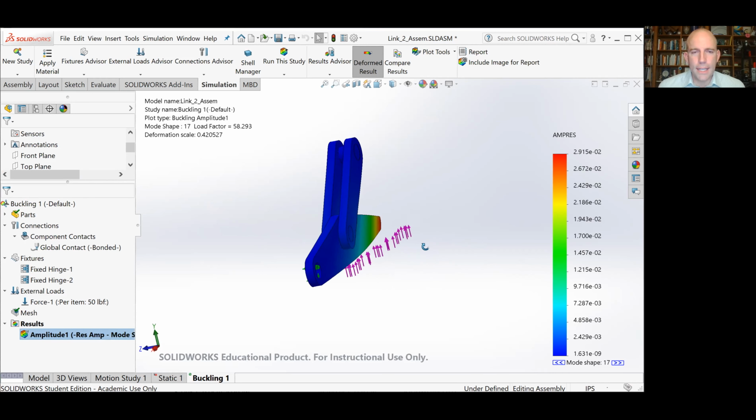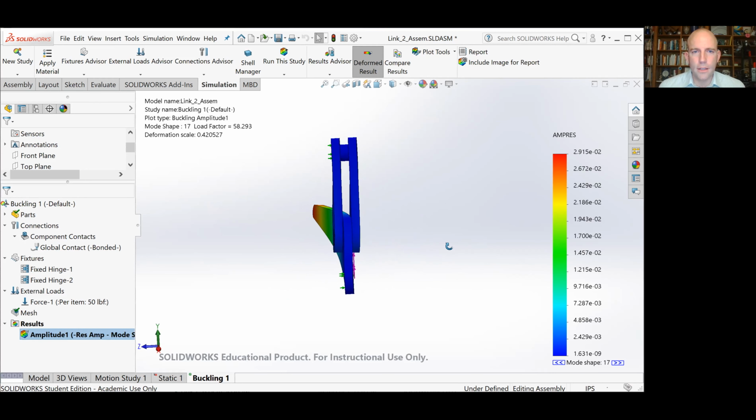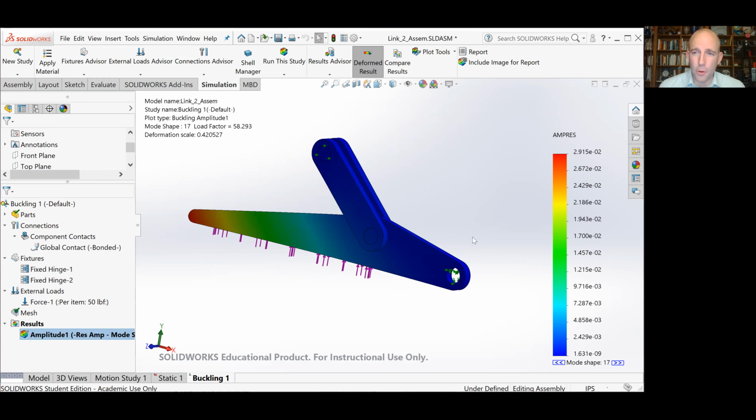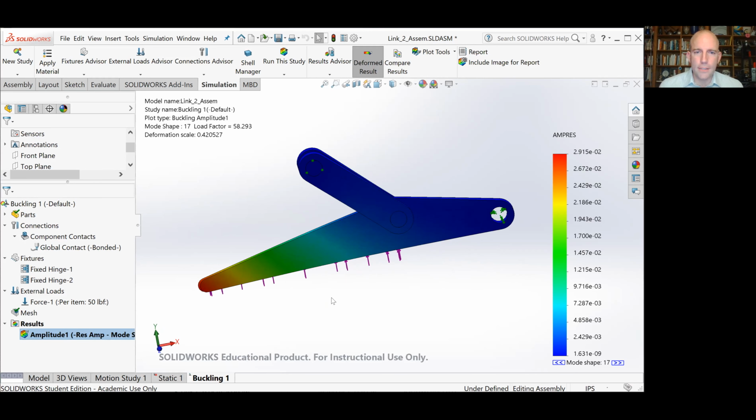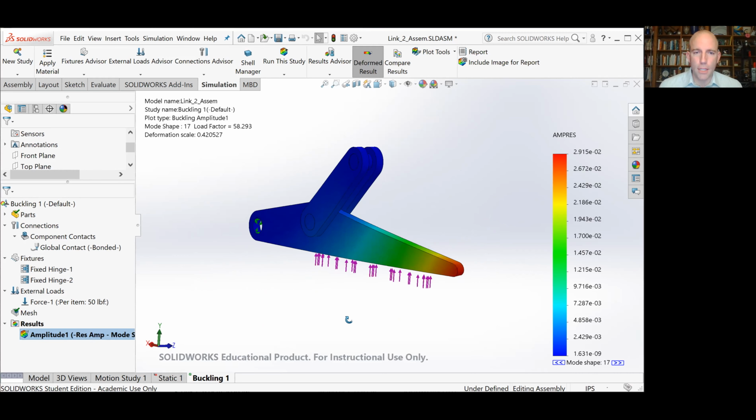You can see here that what we have is out of plane buckling of link 2. The basic idea is that anytime there's a piece of the material that's under compression, buckling is possible. And when you have bending, this top portion of the material is under compression, and the bottom portion is under tension, and so you can have buckling.